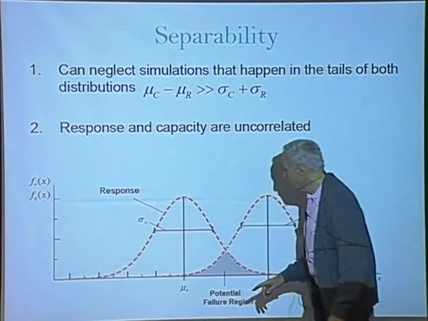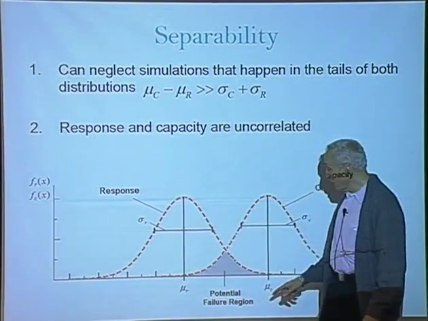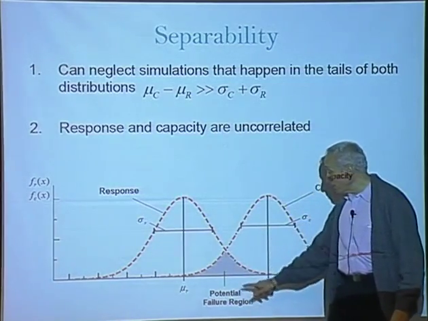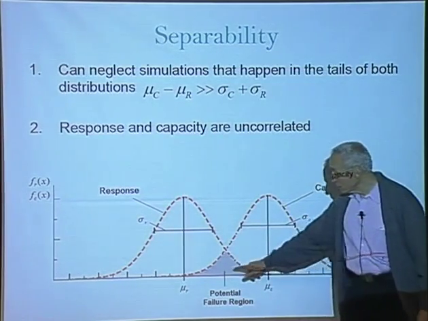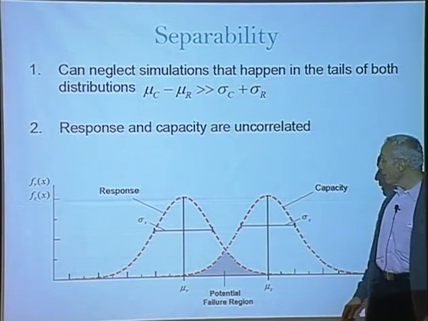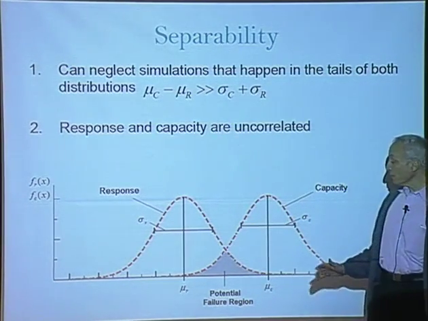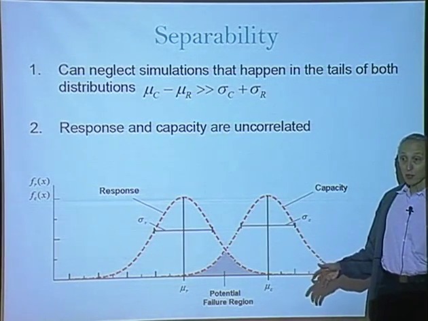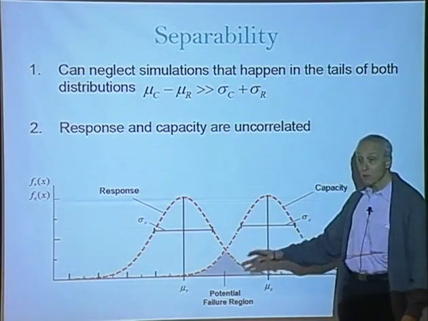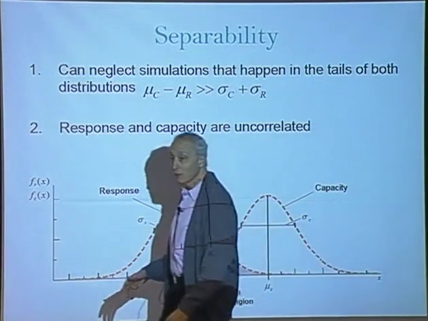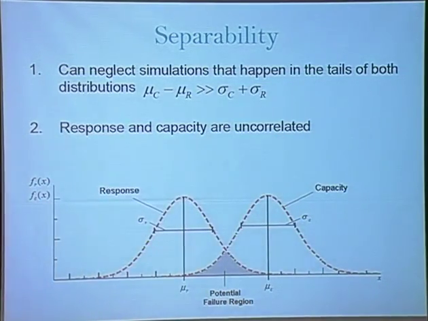For example, in the middle of this interaction, the capacity is just slightly lower, one standard deviation below, and the response is just slightly higher, one standard deviation. You don't need the extremes to happen simultaneously. Either one of them happens and the other one is at the mean, more or less, or both of them are slightly bad. How would this plot be different if you assume that response and capacity were correlated?